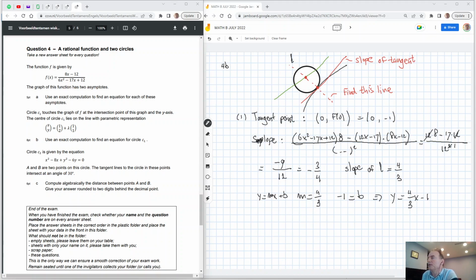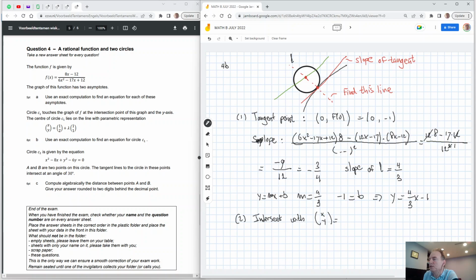And now let's intersect this with this line, with this parametric representation: (x, y) equals (1, 2) plus lambda (1, 1). Okay, so how do we do that?